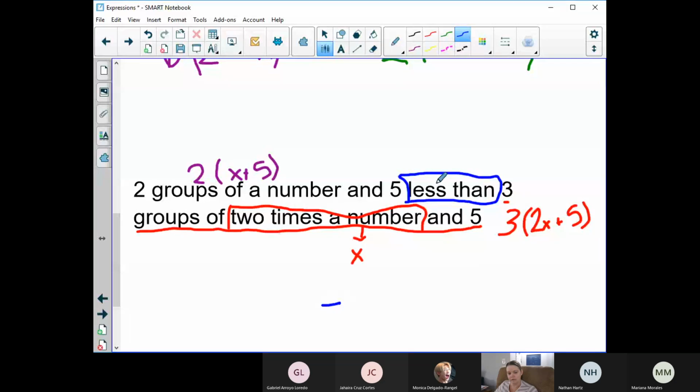Because less than means to subtract. If 2 groups of a number in 5 is less than this part of it, is my 2 times x plus 5 going to be on the left side of the subtraction or the right side of the subtraction if it is less than?